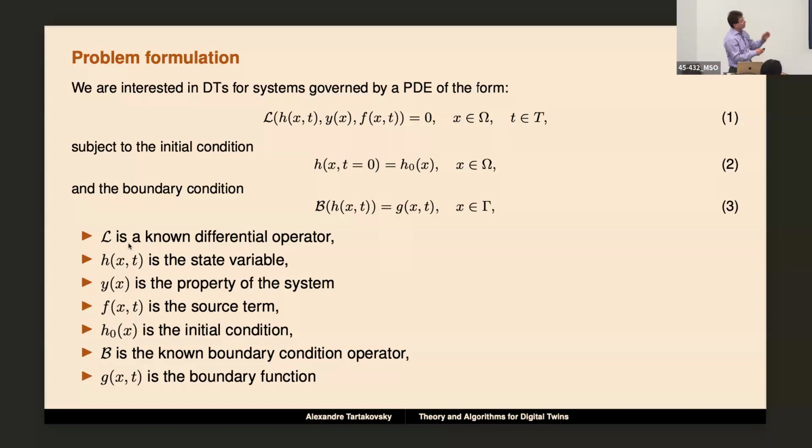Y here we assume is some property of the system. It's a function of X, so we assume our system is heterogeneous. F is a source term, which can be a function of space and time. Then H0 is the initial condition, and then we have a general boundary condition defined by this boundary function G.